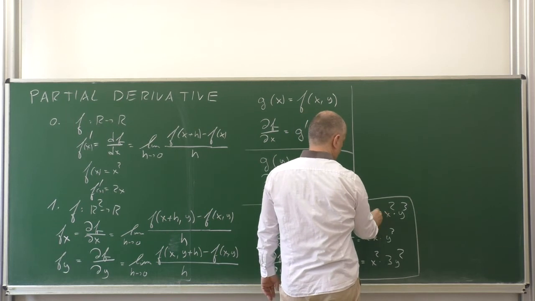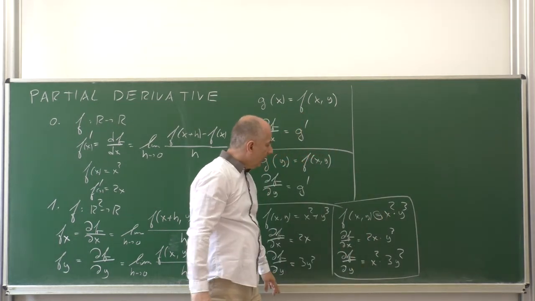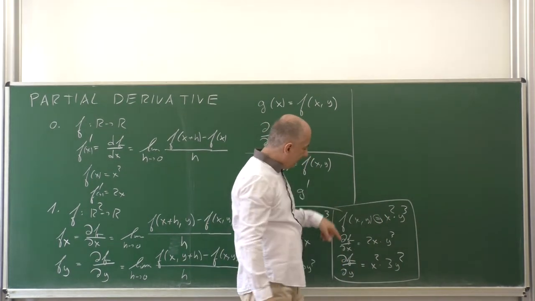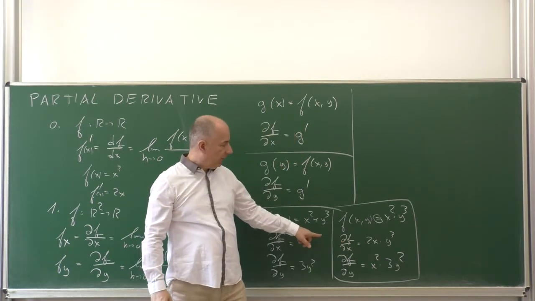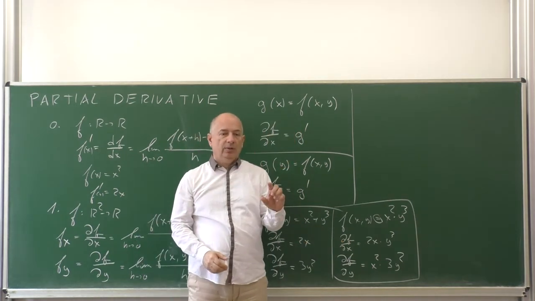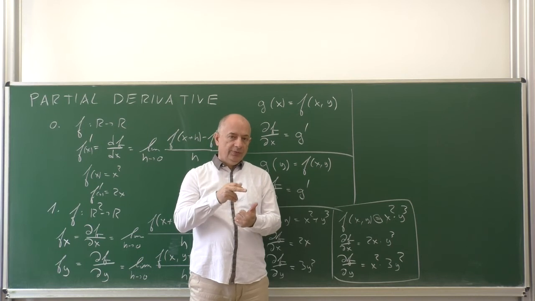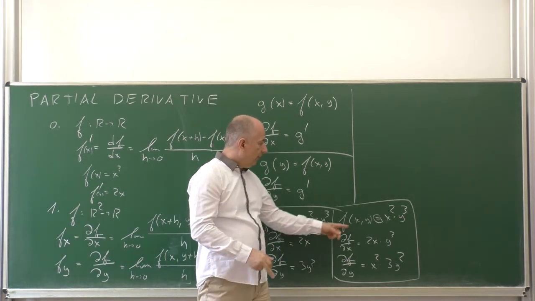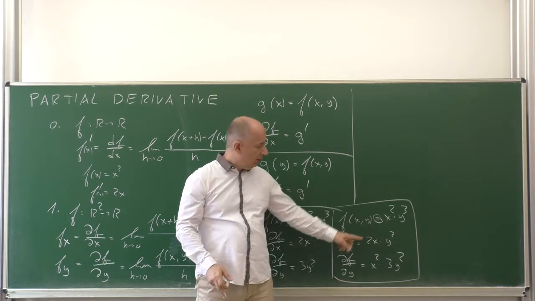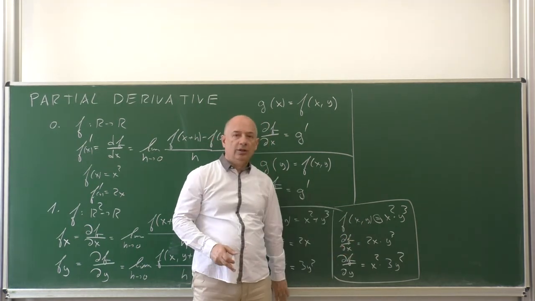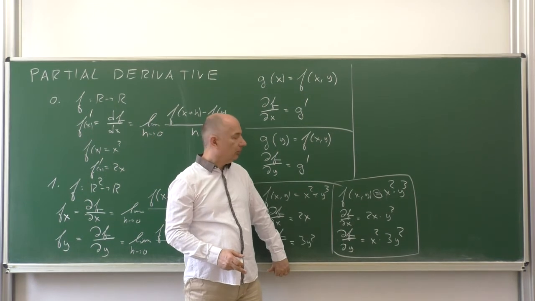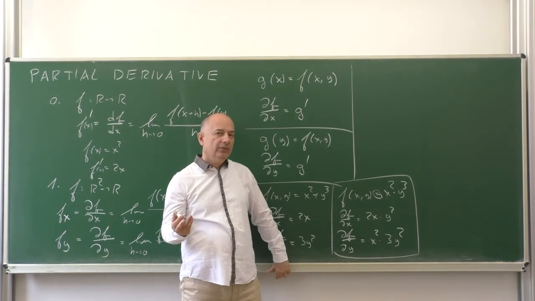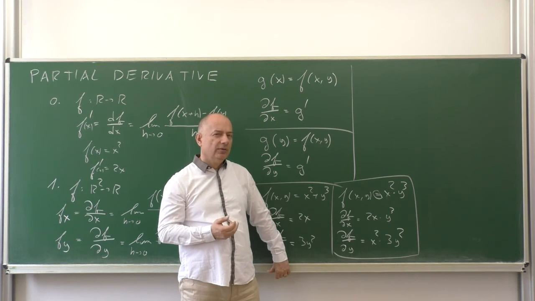So for this function, we can consider the derivative of the derivative. And at each step, we choose whether we differentiate with respect to x or y. So, for a function of two variables, we have two first-order derivatives. And then we have how many second-order derivatives?